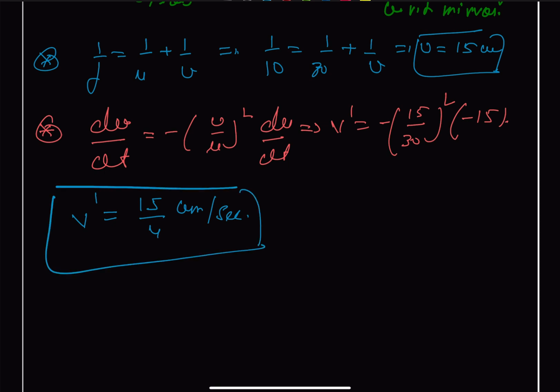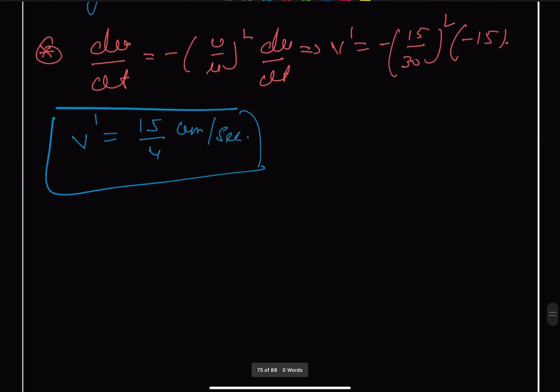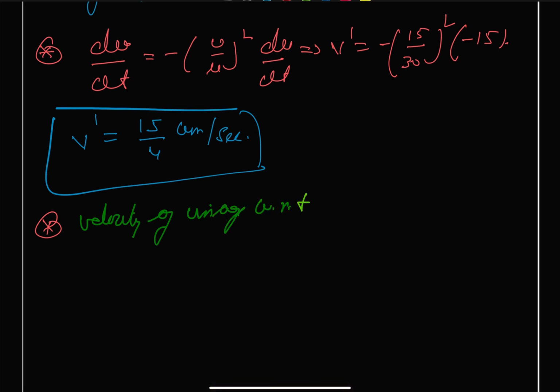Next, we are going to find out the velocity of the mirror. And you can say velocity of the image with respect to lab frame is equal to 0.